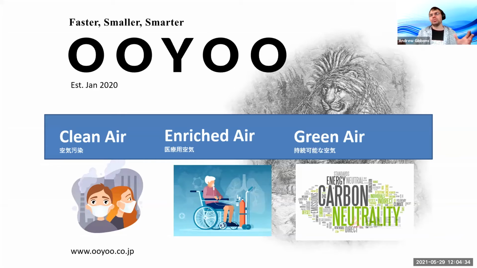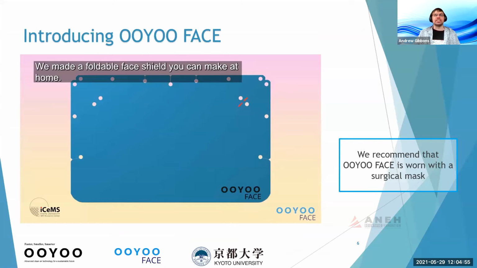But we've also had some side projects, particularly in this last year, where our activity has been limited due to the pandemic. Some of the side projects have been helping some organizations make different replacement membranes. And the one I've been working on is the OOYOO Face.